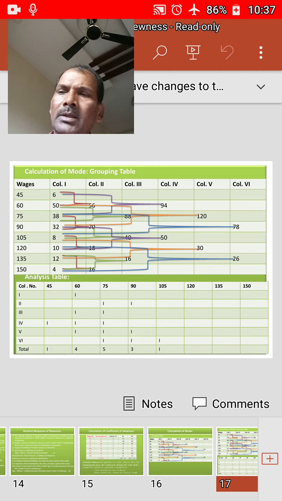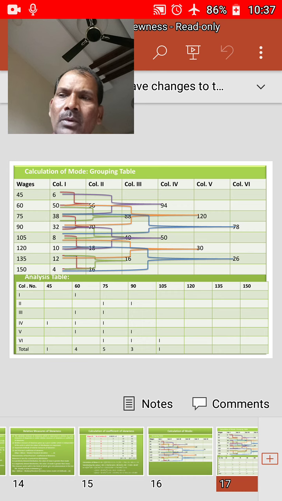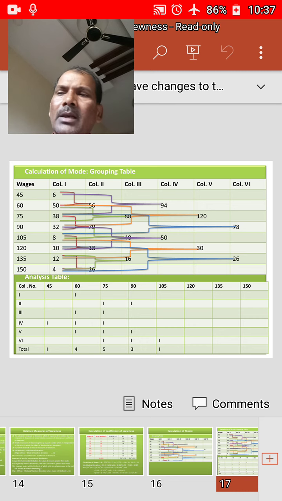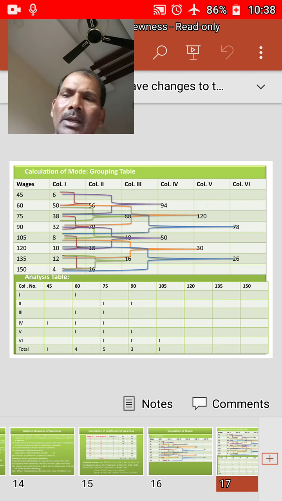so it occurs one time only. Whereas 60 occurs in the first column and more in the third, fourth and fifth columns, hence 4 times. 75 occurs in the second, third, fourth, fifth and sixth columns, that is 5 times. 90 occurs in the second, fourth, fifth and sixth columns. 105 occurs only one time, in the sixth column.